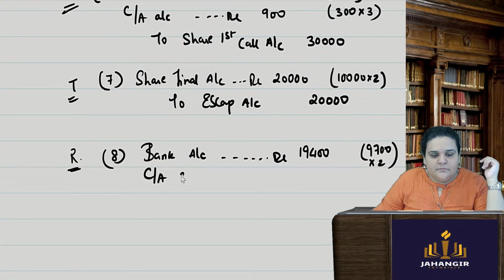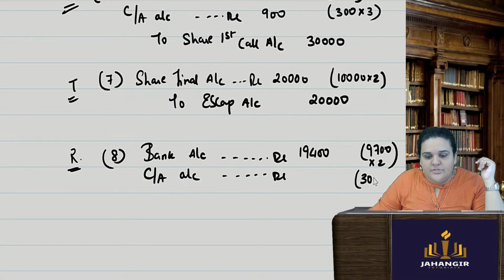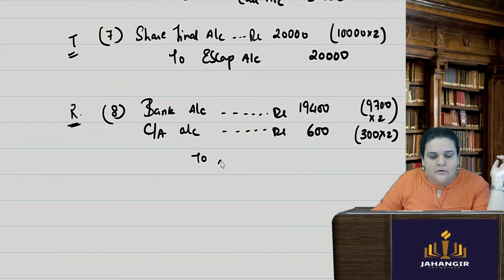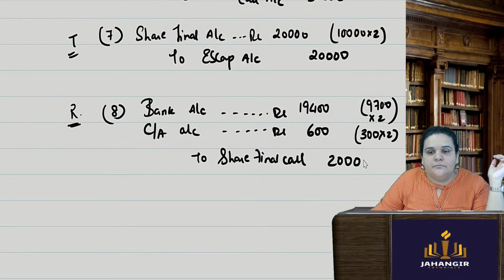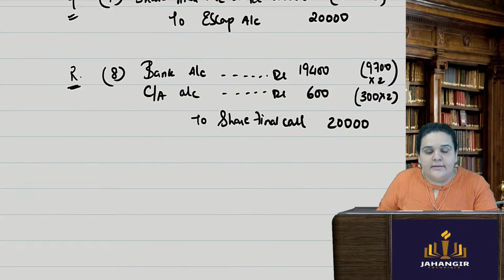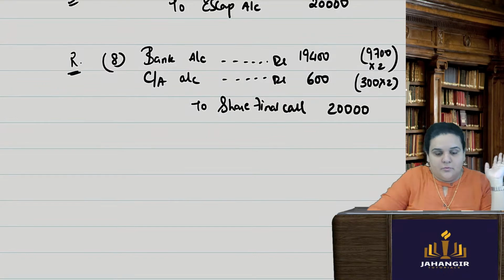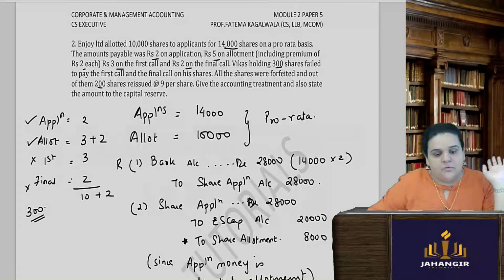Calls in arrears on 300 shares, 600 rupees. To share final call, 20,000. Okay, clear? All the 8 journal entries until now are over. Okay, all the 4 stages are over.